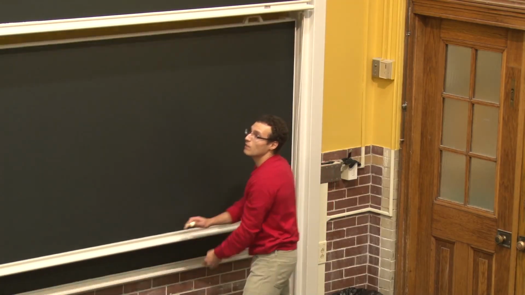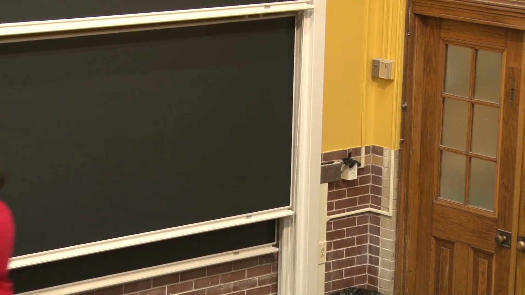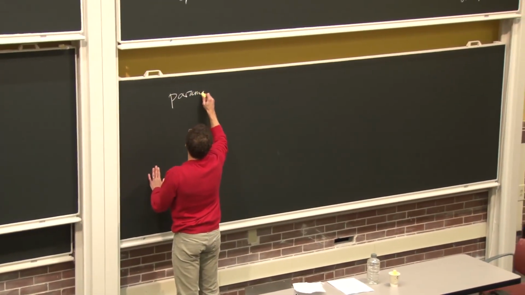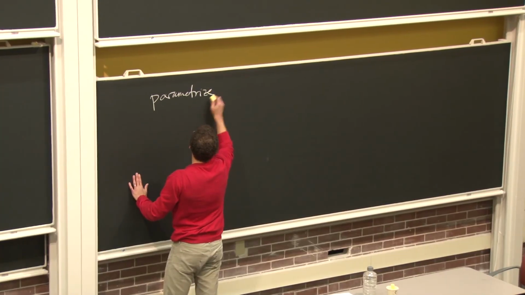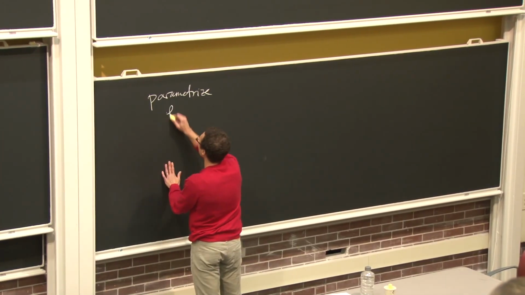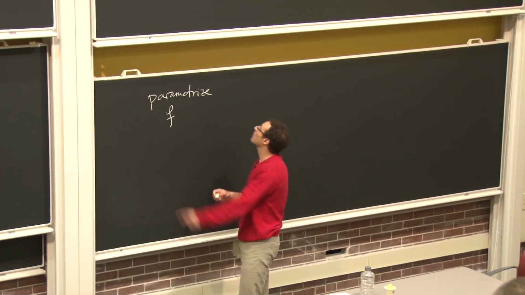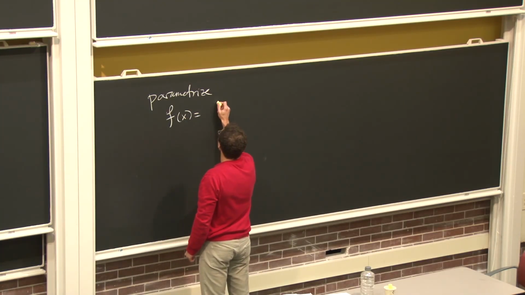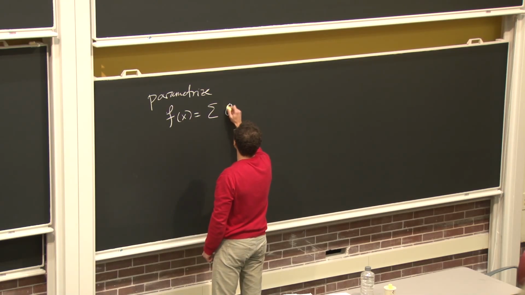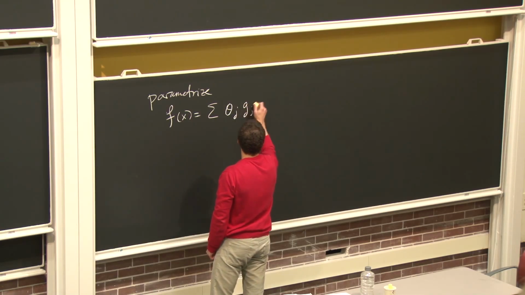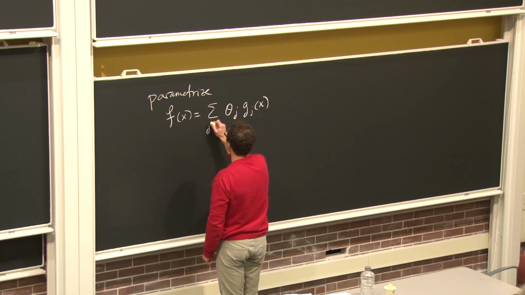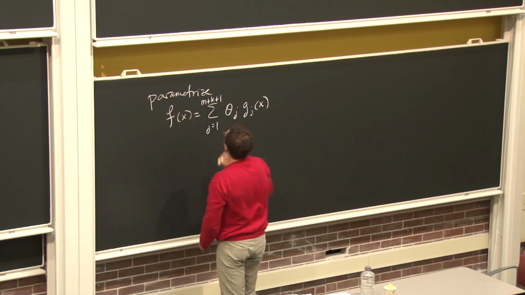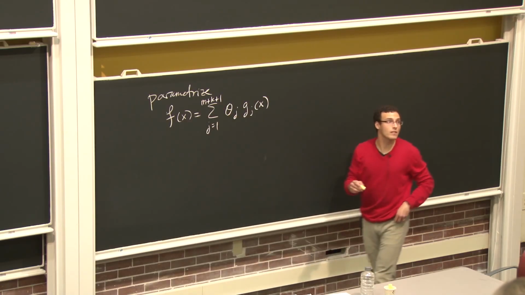And then I'm going to think about estimating a regression function. So I'm going to parameterize the functions that we're going to be using to estimate the relationship between y and x in the following form. I'm going to model it to be a sum of m plus k plus 1 functions.